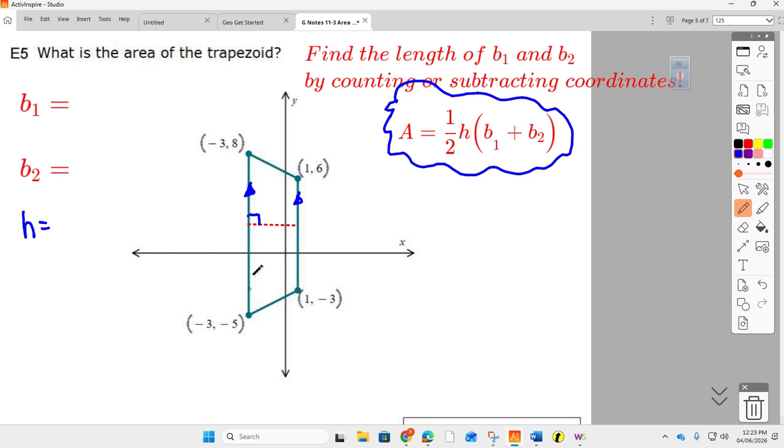How'd you get that? Perfect. So 8 minus negative 5, the absolute value of positive 13 is 13. You could also say from here to here is 8, and from here to here is 5. So a couple of different ways you can find the length on the coordinate plane. You could always subtract them.